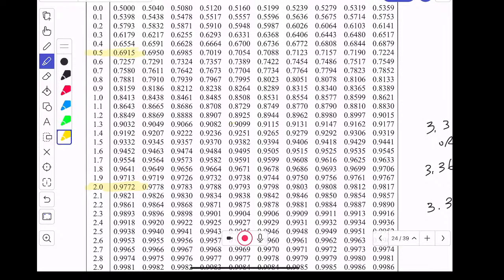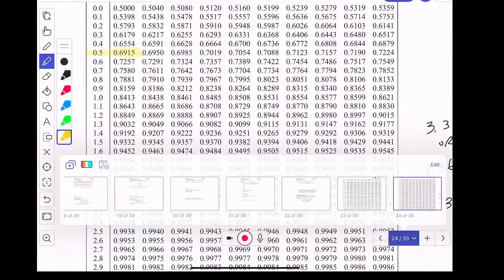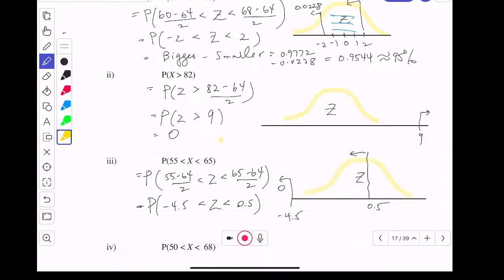The answer is 0.6915. Any questions? So the answer I get is 0.6915. Because if I subtracted this, it would just be this amount. Because it's just 0.